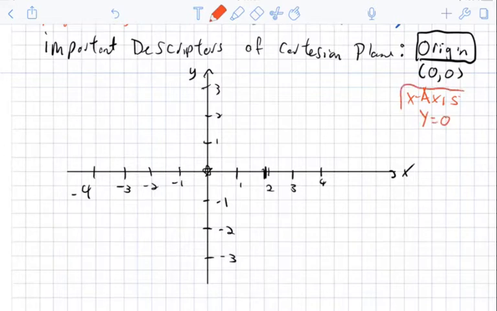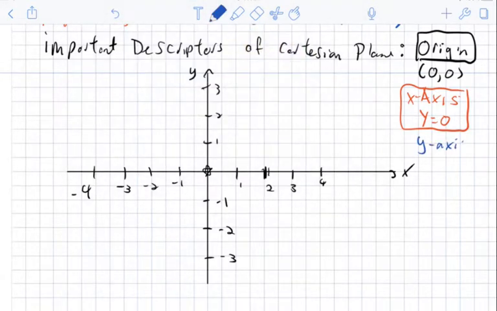Okay? And by that we mean that it's this street here. Now, y is equal to 0 everywhere along the street. And we're describing not a single point, but a whole line of points. So you only give one of the two coordinates.